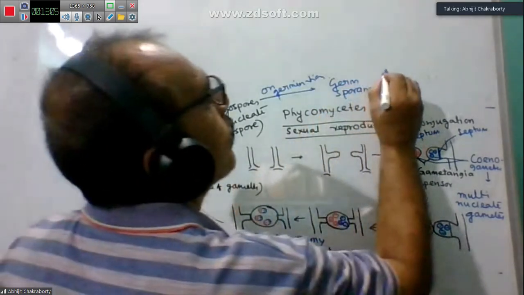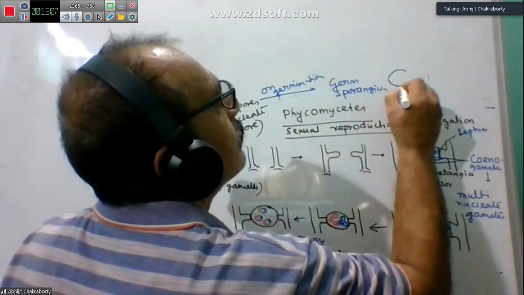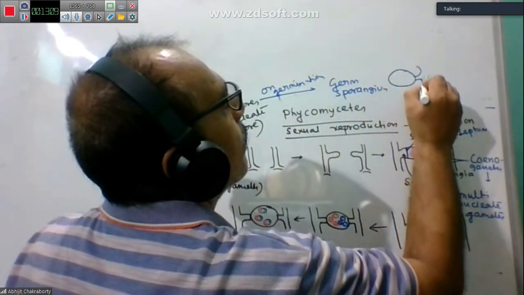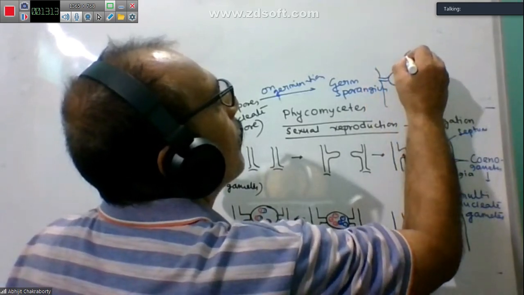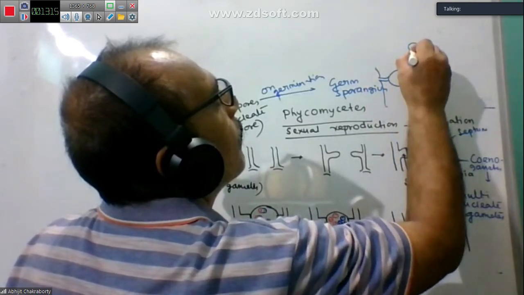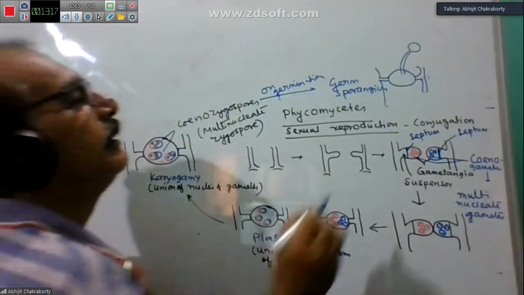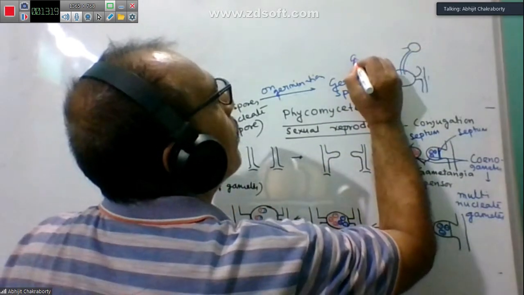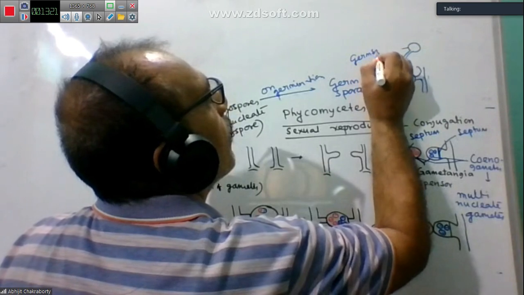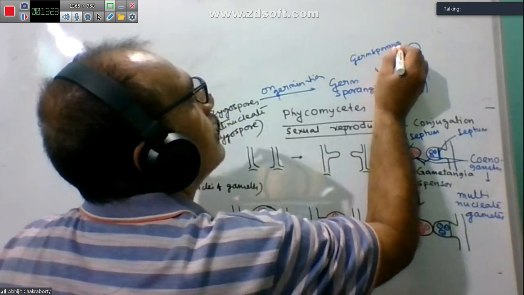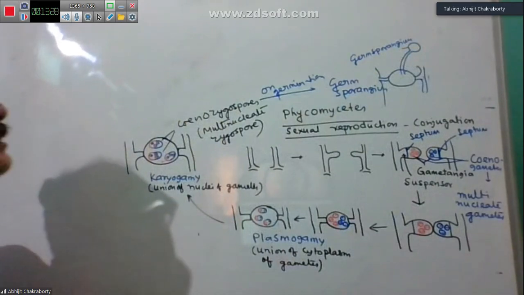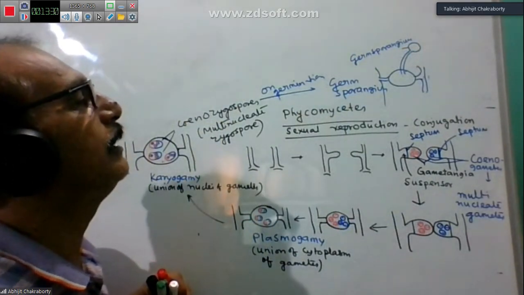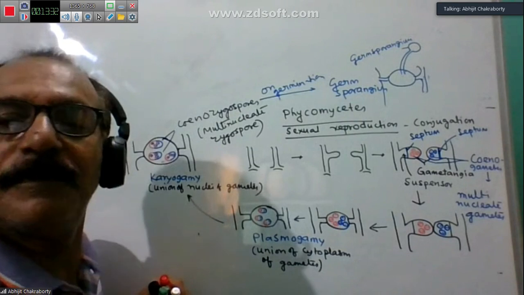That means it appears like this. Look, this is called germ sporangium. So, the zygospore on germination gives rise to a germ sporangium.